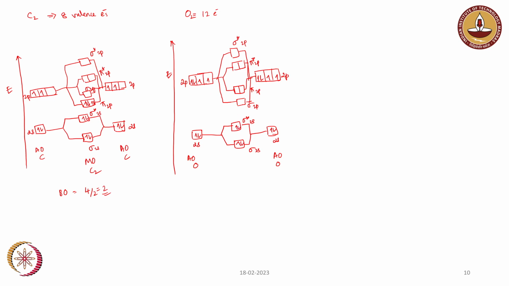So in oxygen 2p there are 8 valence electrons. So we have to add them in sigma 2p, then 4 of them in pi 2p, and 1 each in pi star. So there are 8 valence electrons in sigma 2p, pi 2p, and pi star 2p, and there are 2 unpaired electrons here.